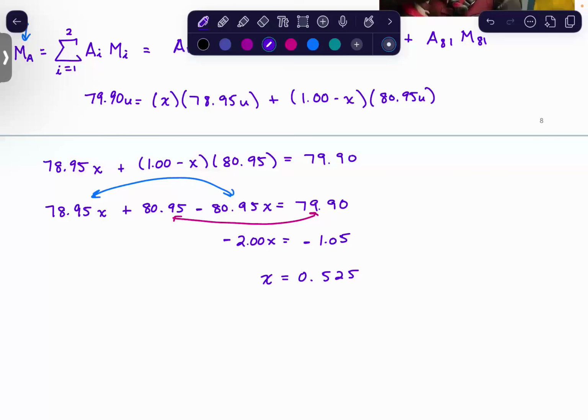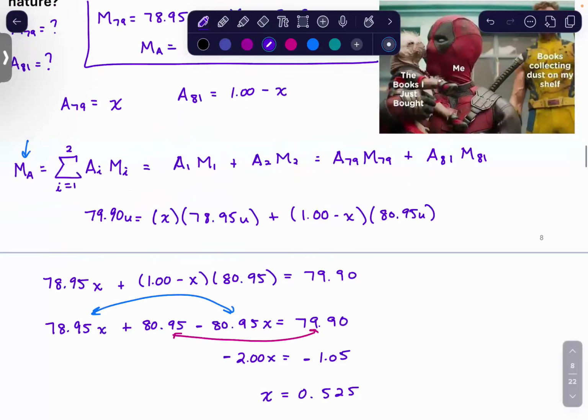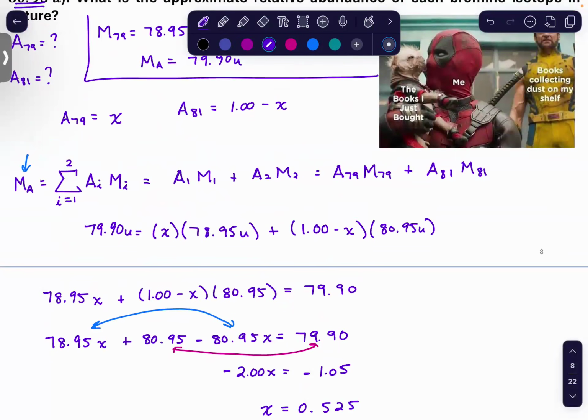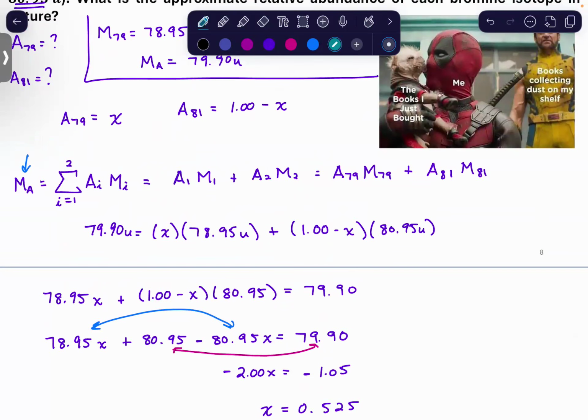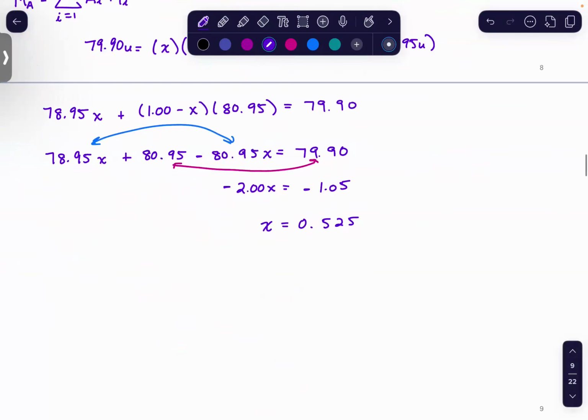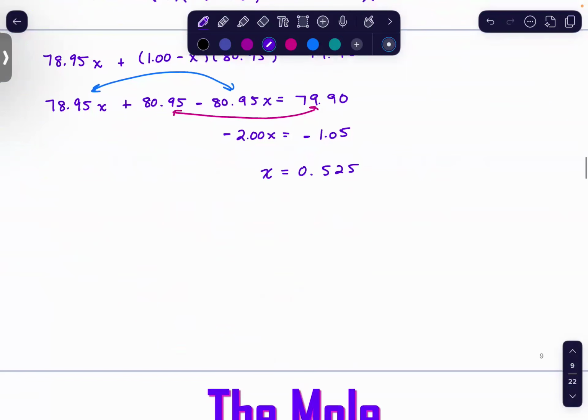0.525. Now, remember that your abundance of bromine 79 is X. So now you've solved for that. Your abundance of 79 is 0.525. Multiply that by 100, and you get 52.5%.